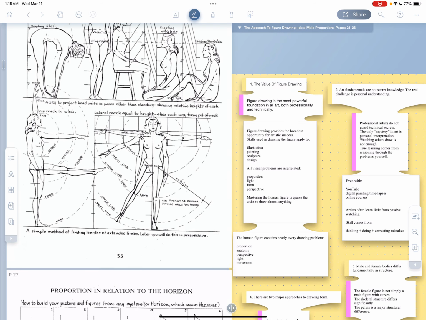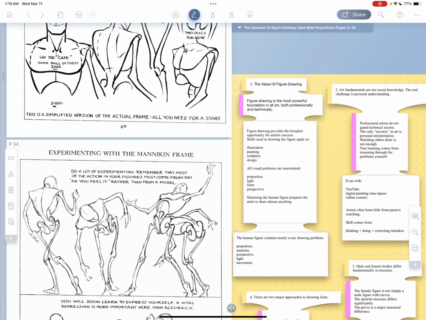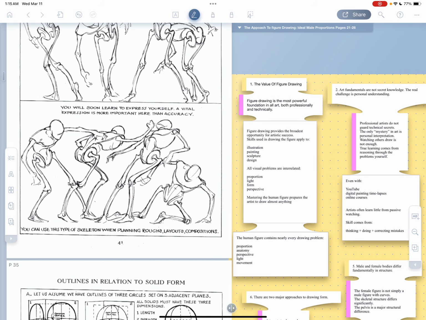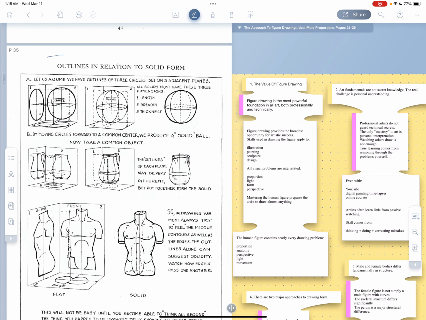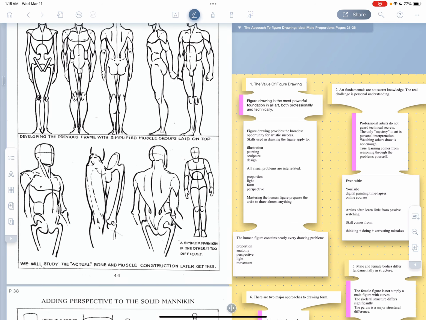Yep. All right. Then eventually, after you do the three stages of mannequins, they're going to start getting form. He's going to start bringing it, like in this page, into 3 dimensions. This is going to be 3-dimensional form. So this mannequin is now 3-dimensional form.